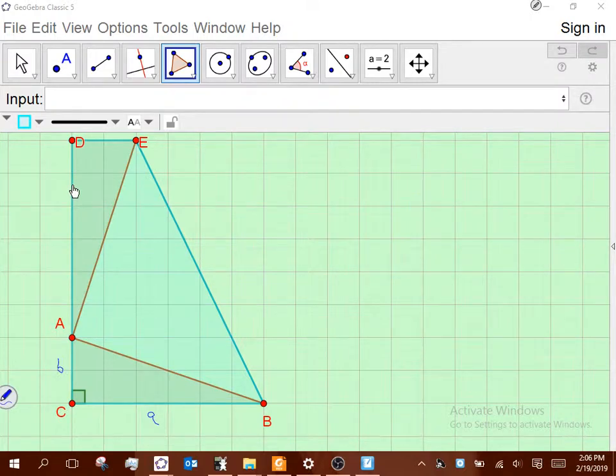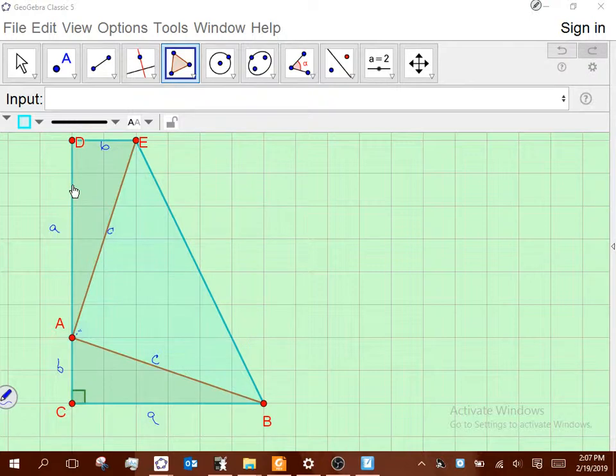If I rotate, these two triangles are the same, so this would be A, and that there would be B, correct? This would be C. Now, I'm interested in figuring out what this angle is right here, and we'll talk about why we had to find that angle in a little bit. Actually, let's just go through and find the area of this trapezoid first. Then we'll come back and talk about that angle.